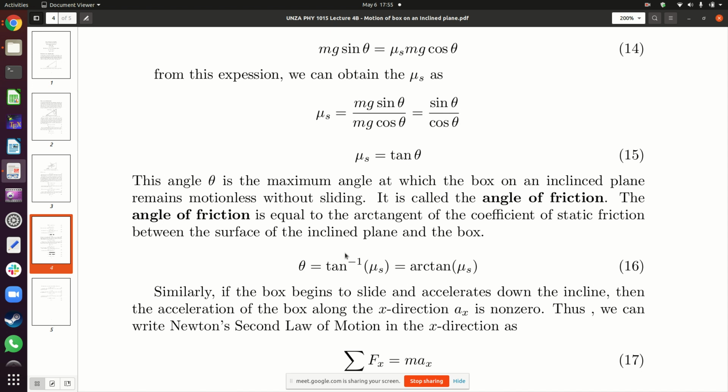The kinetic friction force is equal to the coefficient of kinetic friction multiplied by the normal force. But on a flat surface, the normal force is equal to the weight of the box. So you just divide your pulling force by the weight of the box.